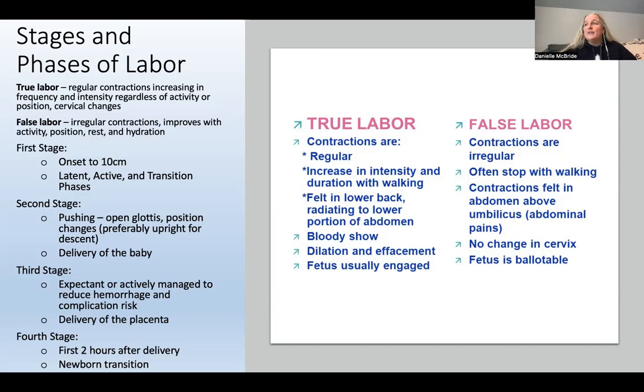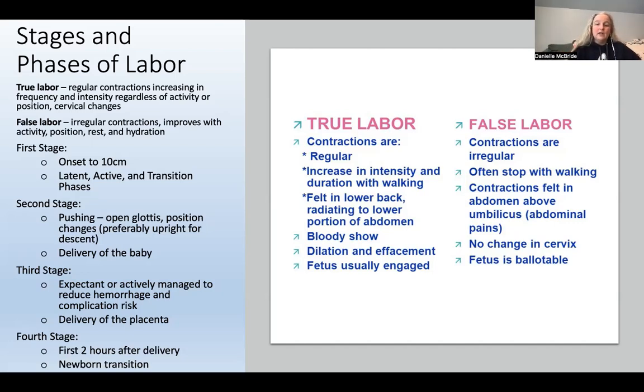If I hydrate her, if I say, go ahead and drink some of this, let's get you hydrated and see how you do, and those contractions stay consistent, those might be true labor. A lot of times false labor putters out with hydration, rest, position changes. So these are all things that can be indicators.